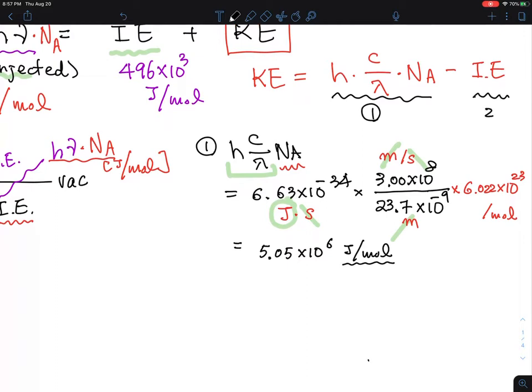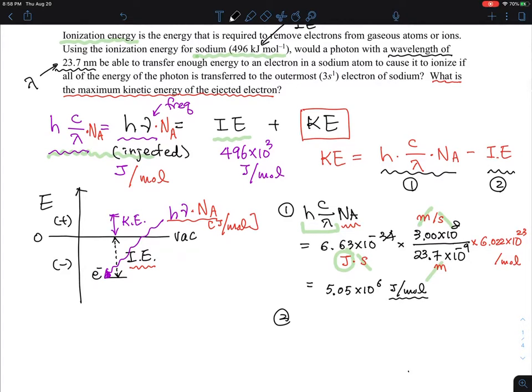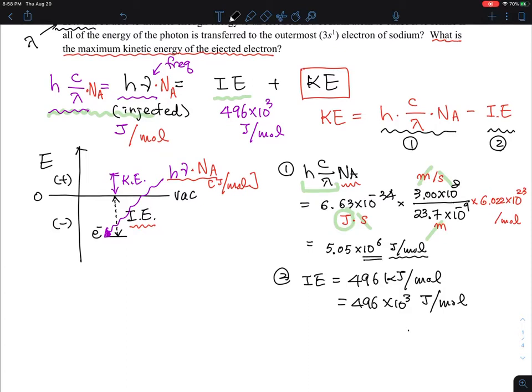And the ionization energy, where can I get that information? You can look it up, and IE here I'm simply going to write down as 496 kilojoule per mole, which means 496 times 10 to the third joule per mole. To have a matching unit of 10 to the 6, I'm going to use 0.496 times 10 to the 6 joule per mole.